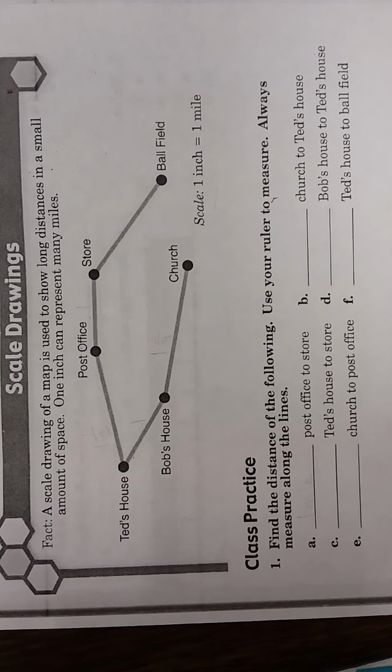Now, if you think of the maps that we've done in the past for geography, for example, if you would measure the distance from the top of South America to the bottom of South America, which we actually did, would it make sense to say, well, it's about 7 inches from the north to the south? Of course not.